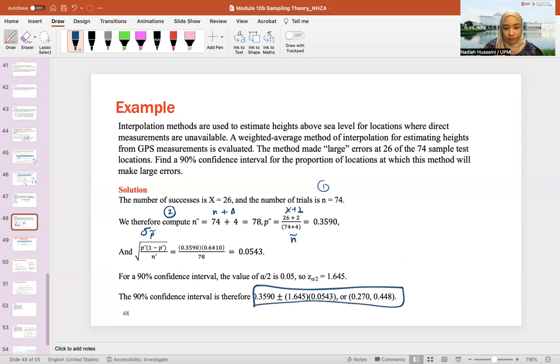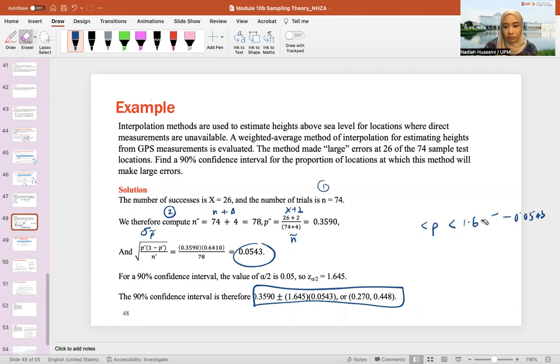If we write this as an inequality, it would be 1.645, because this is your Z alpha over 2, times this term, the standard deviation of the modified P, 0.0543.